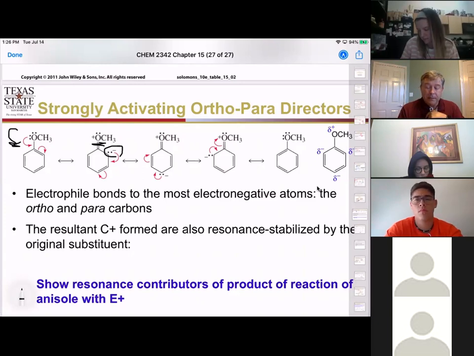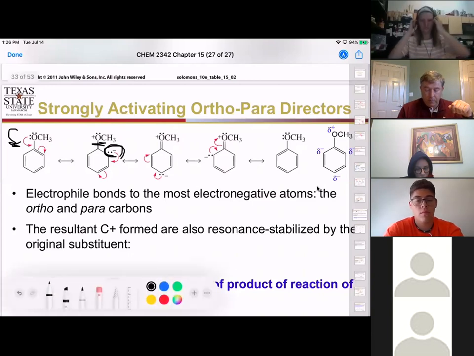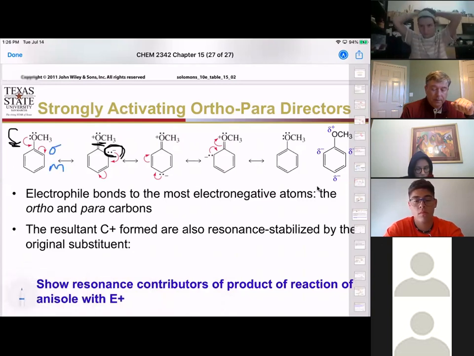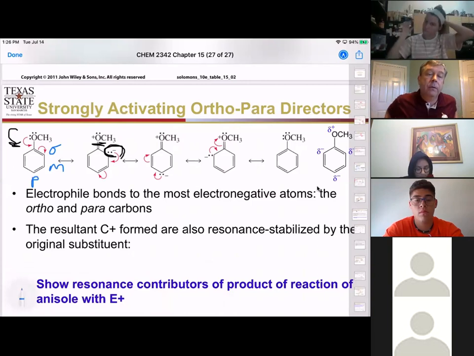So if by resonance we have this negative charge moving around our ring, that makes it easier to reach out and grab that electrophile, that positive charge. And notice that we have that negative charge showing up at different places on the ring, okay? So if we remember our ortho, meta, and para, ortho is this one right here, this is our meta, and this is our para position here. 1,2 is ortho, 1,3 is meta, 1,4 is para, okay?